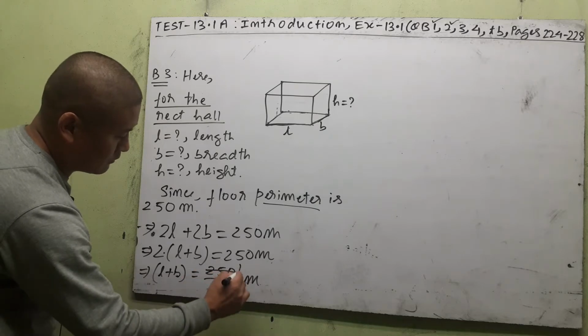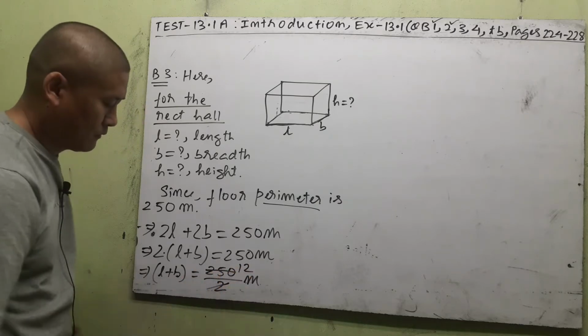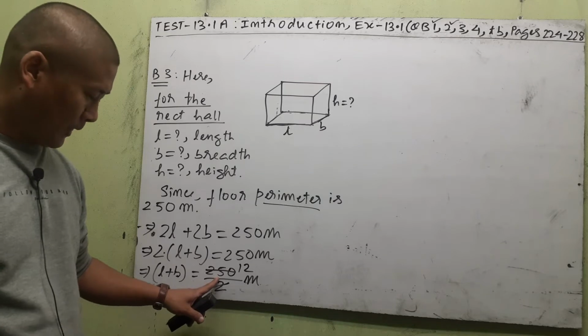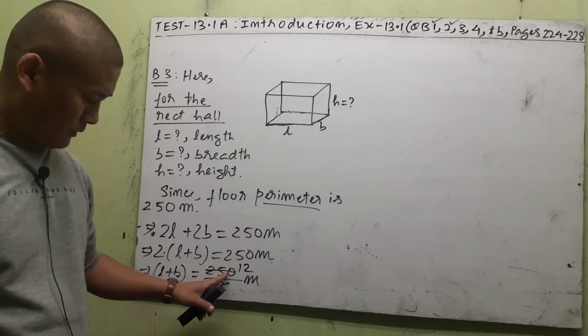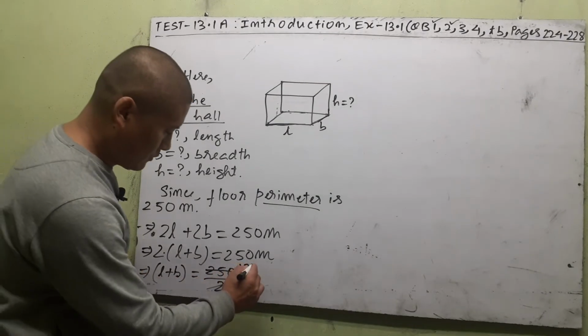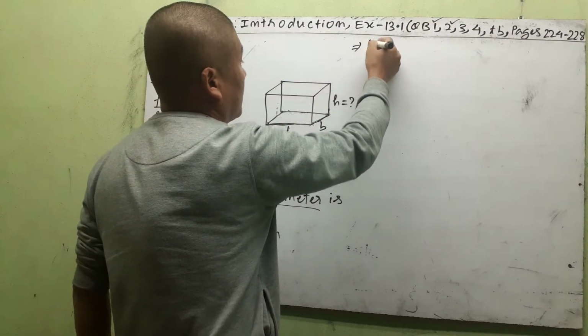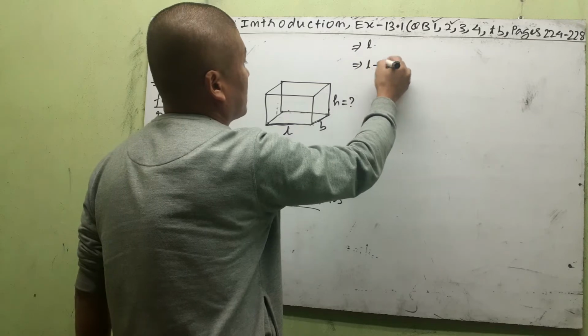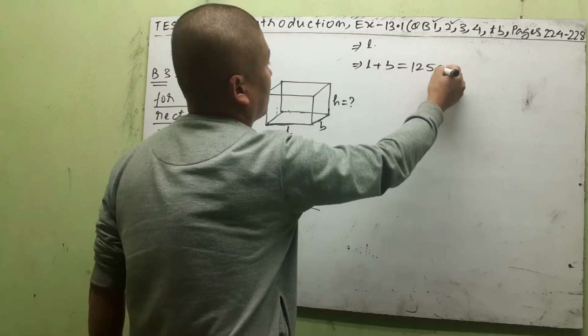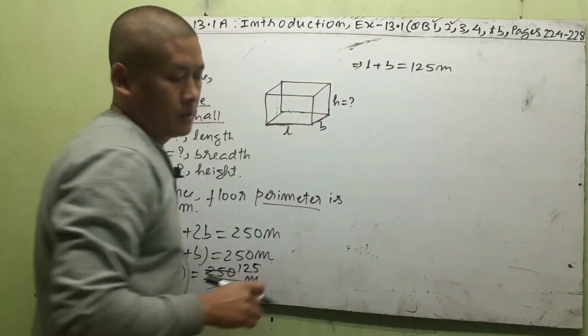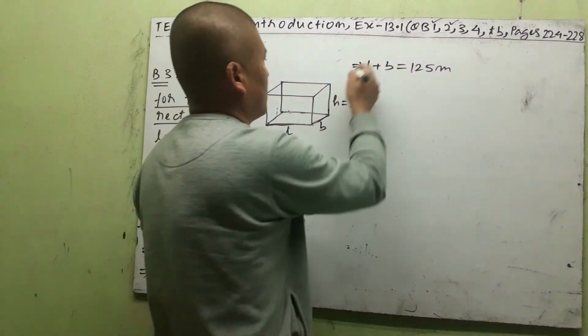So 2 ones are 2, 2s are 4, 5 is there, so 1 remain there. That one will go to the right to the left of 0, 10, so 2 5s are 10. So we got here L plus B equal to 125 meter. Let us keep this one as equation number 1 if you like.